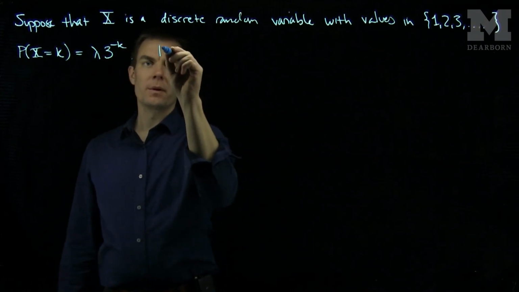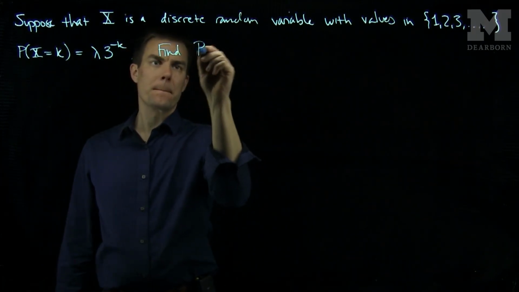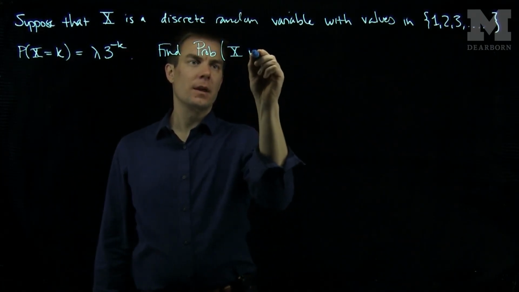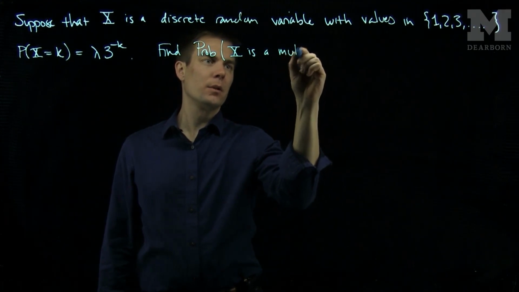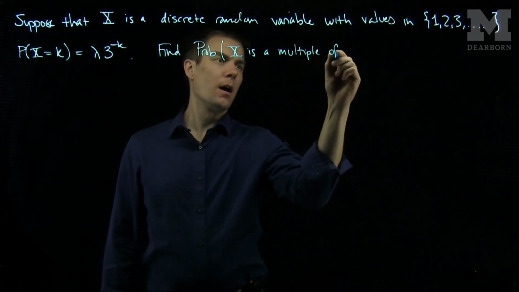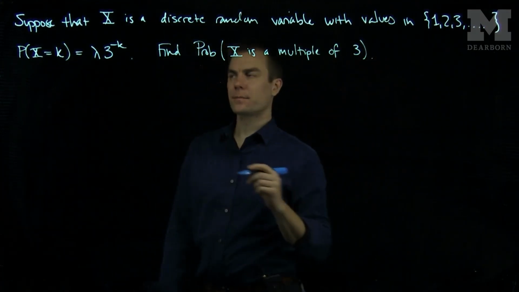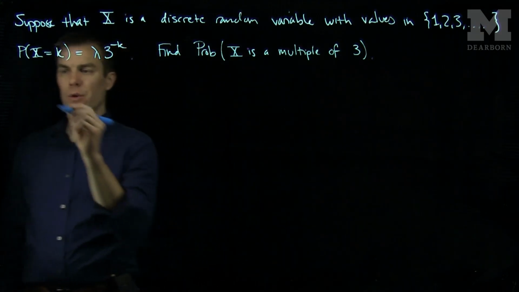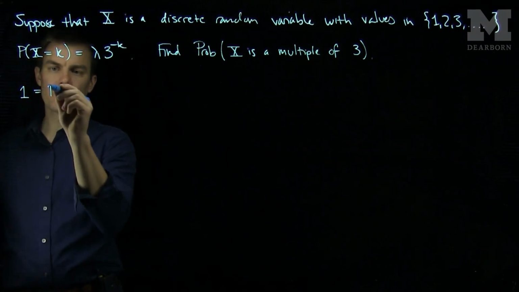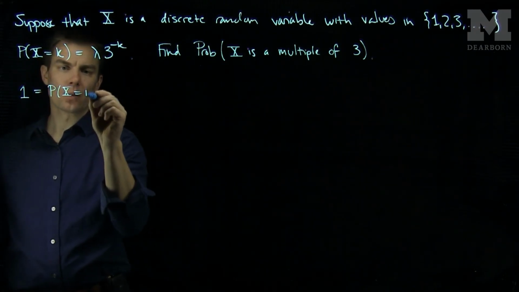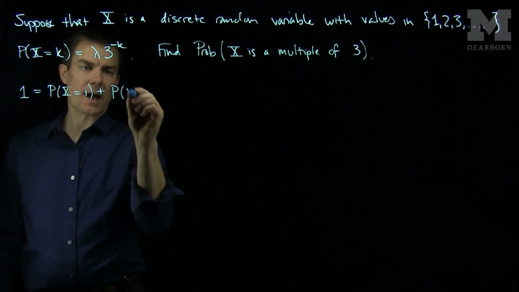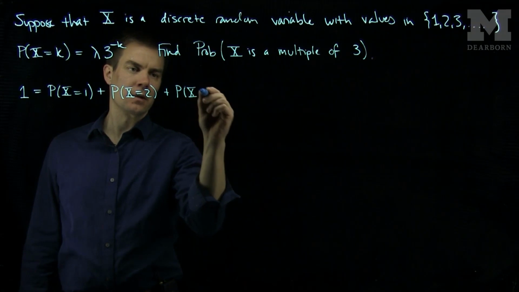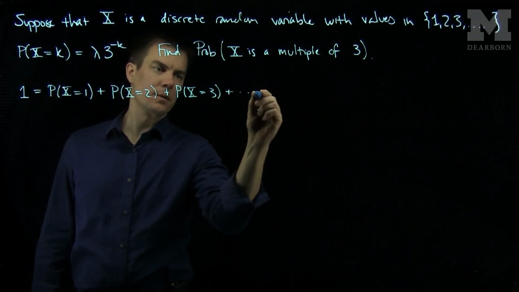We would like to find the probability that x is a multiple of 3. Well, we're given the entire probability distribution, so we know that 1 is the probability that x equals 1, or the probability that x equals 2, or the probability that x equals 3, and so on.